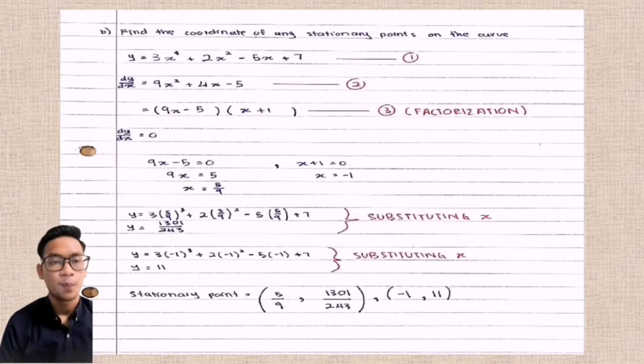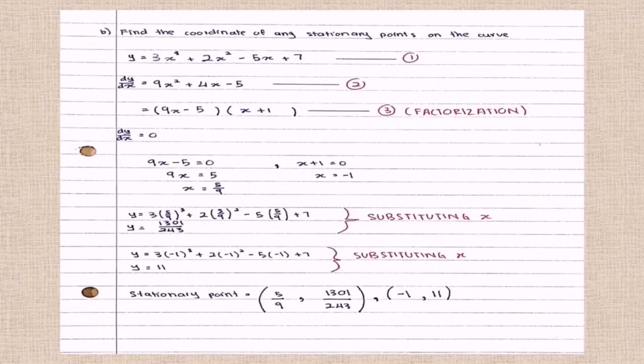First, I got 1301 over 243. Second y is 11. Lastly, we can get the stationary points. First stationary point is 5 over 9, 1301 over 243. Second stationary point is negative 1 and 11.